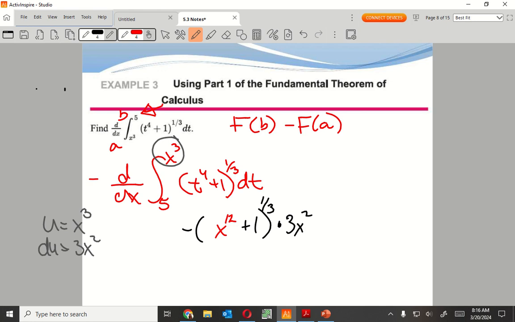The only thing I need to do to clean this up is put it out front with that negative. So I get a negative 3x squared times x to the 12th plus 1, to the 1/3.